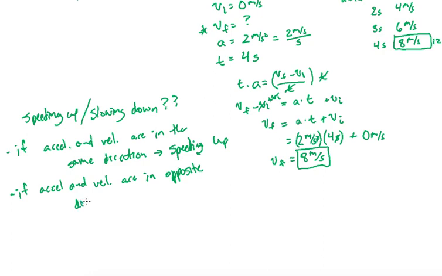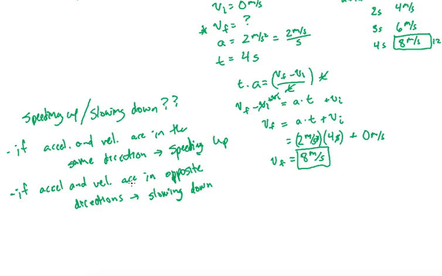In opposite directions, then you're slowing down. Because remember, I talked about that positive and negative signs, they indicate direction.